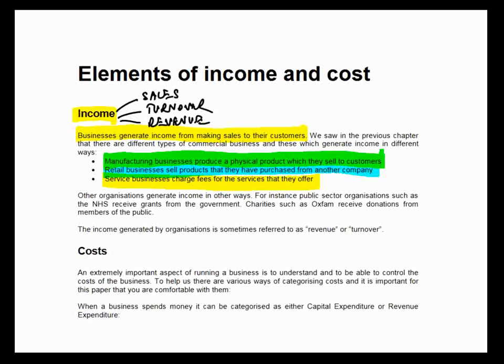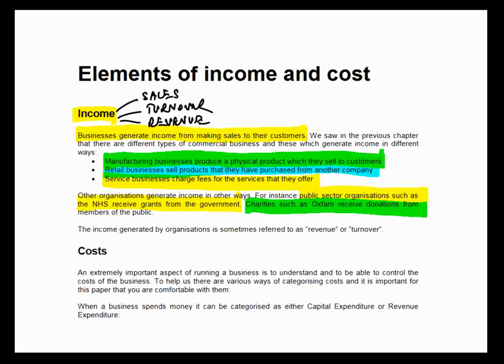This is when we're talking about commercial businesses, organizations that are trying to make a profit. There are other types of organization that also have income. In the public sector, the likes of the NHS receive income in the form of grants from the government, which allows them to spend money on employing nurses and paying for the premises of the hospitals.